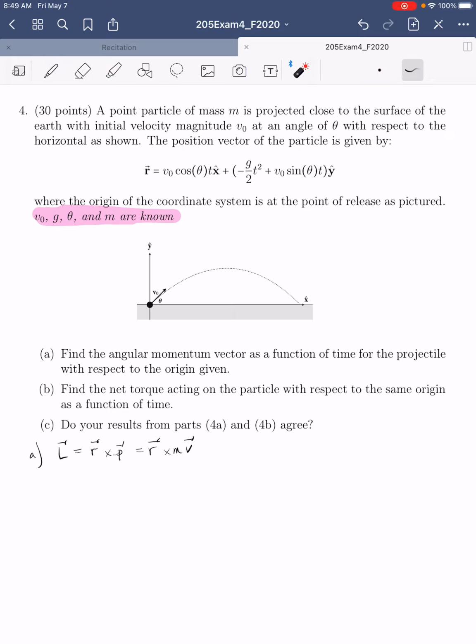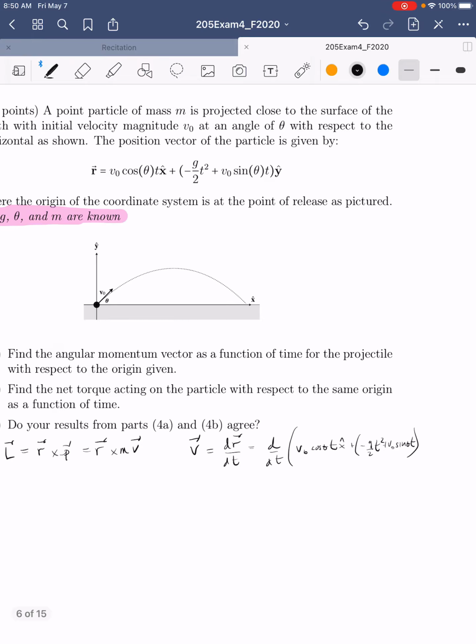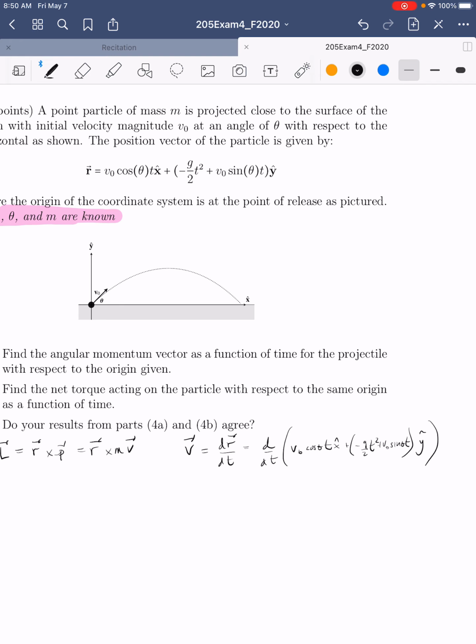So I already know position as a function of time as a vector quantity, and what's left is really to find velocity as a function of time. So my first step is to find the velocity by taking the first time derivative of the position vector. The derivative operator will act and be distributed through on each component of the vector.